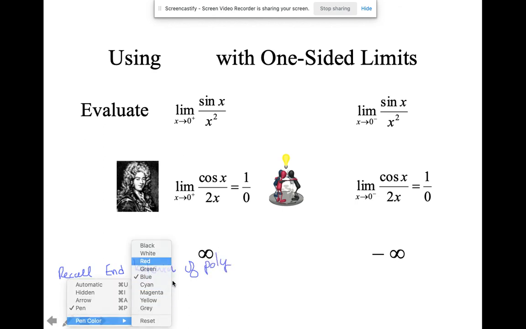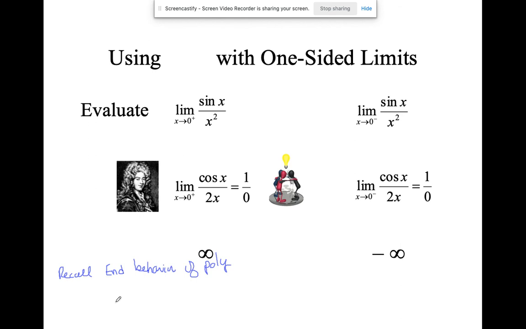We said, if you had, for example, a rational function, what is the end behavior? And you said, oh, well, the numerator is not as powerful as the denominator, so that's 0.